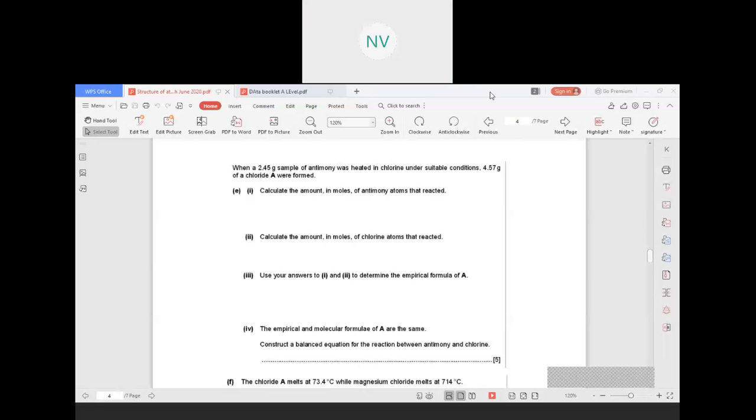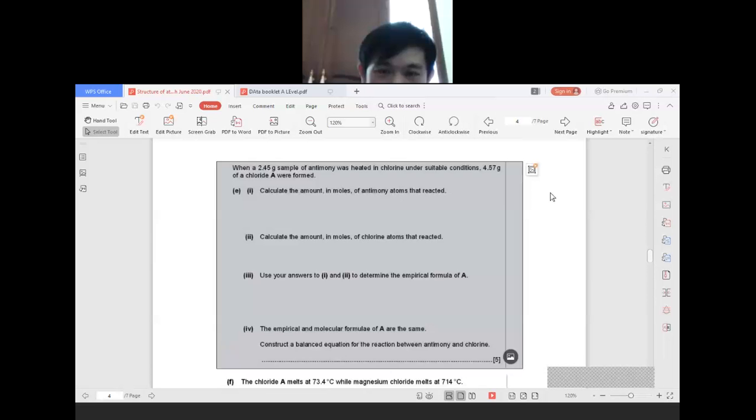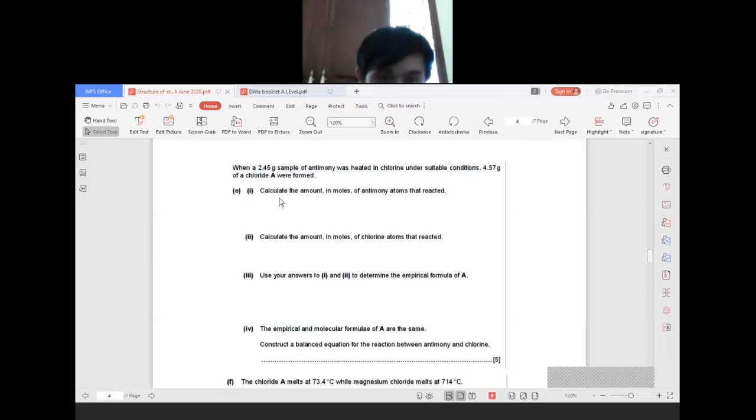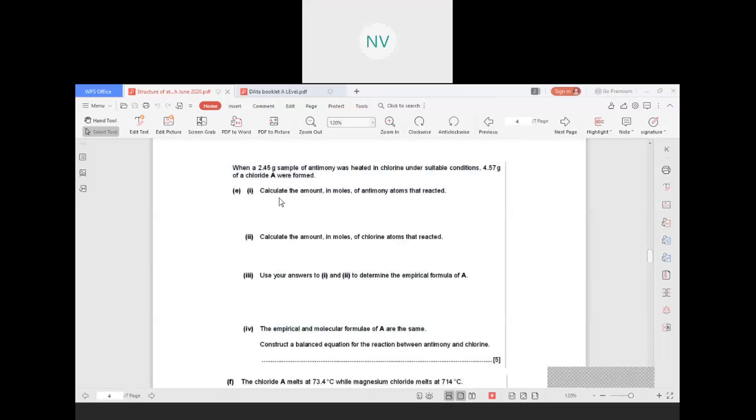Hello, Nathan V. Can you find the amount of moles of antimony? Are you using your desktop or laptop? I'm using my desktop, but I could not use the annotation.